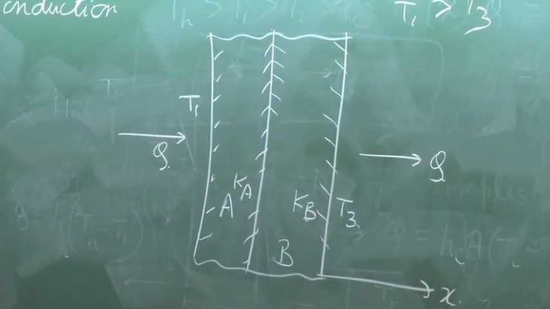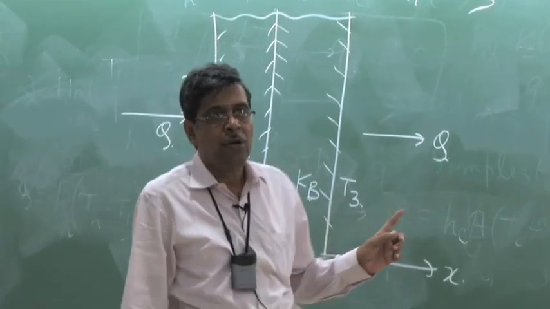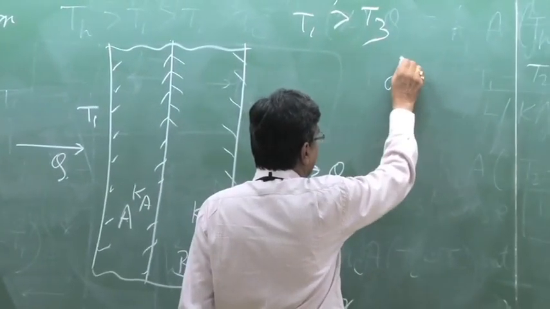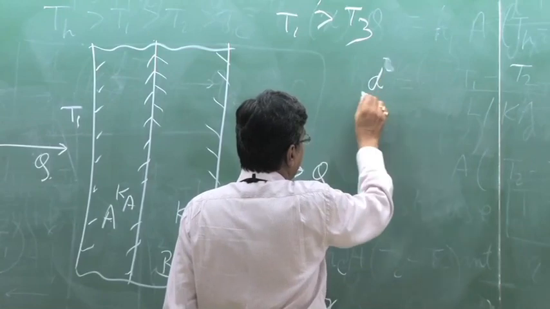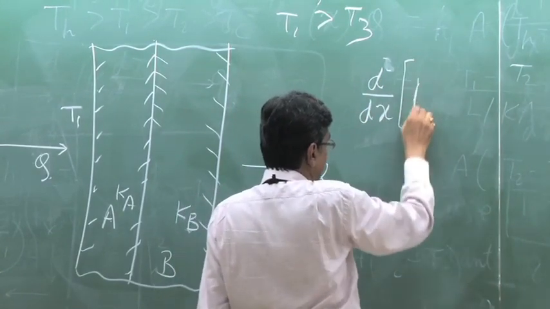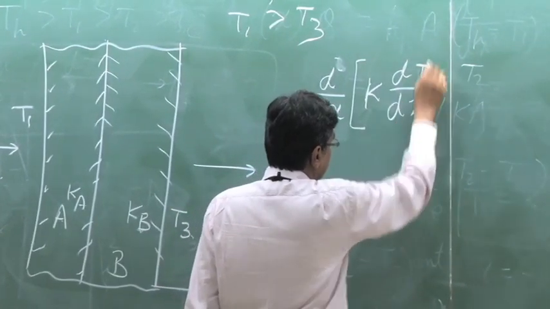Then how do we find the temperature distribution? Now for the temperature distribution here, we cannot solve the equation as if the thermal conductivity were the same, d/dx of k dT/dx equals zero, with no generation.